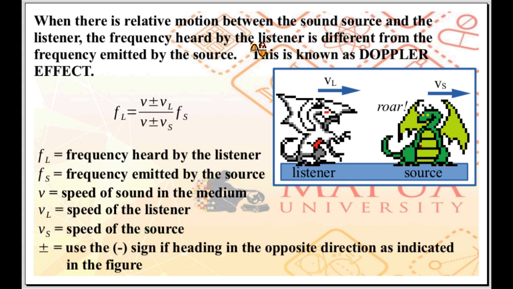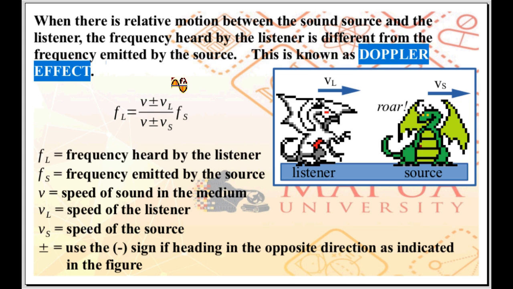The listener will hear a frequency that is either lower or higher than that produced by the source. This effect or phenomenon is referred to as the Doppler effect.